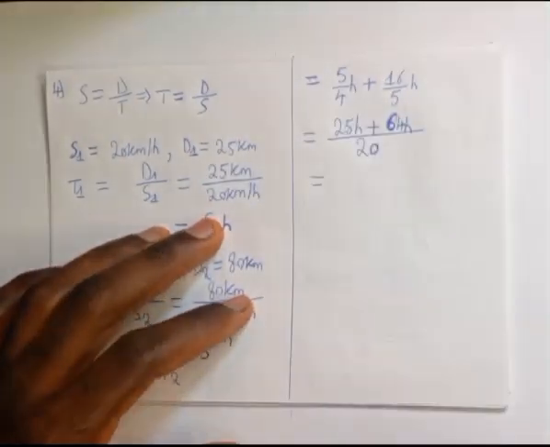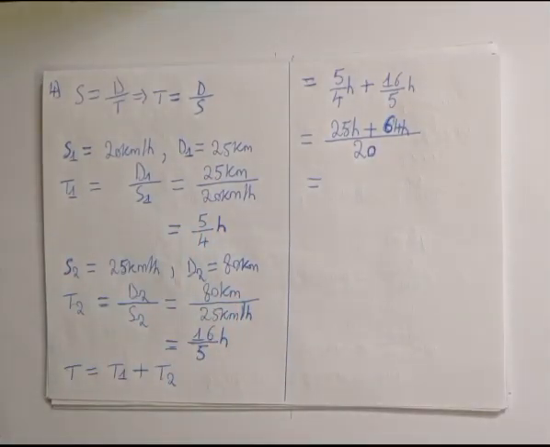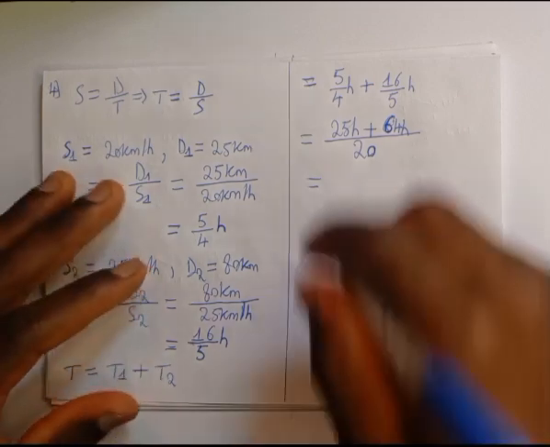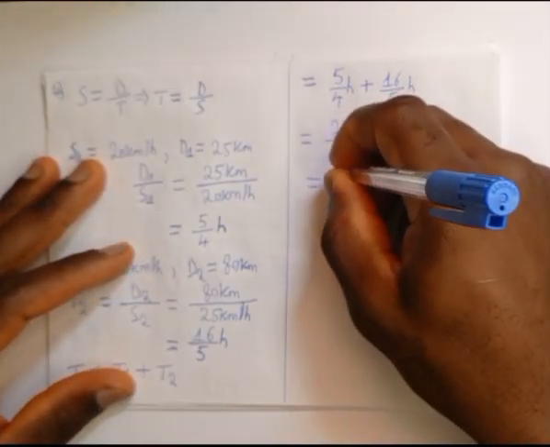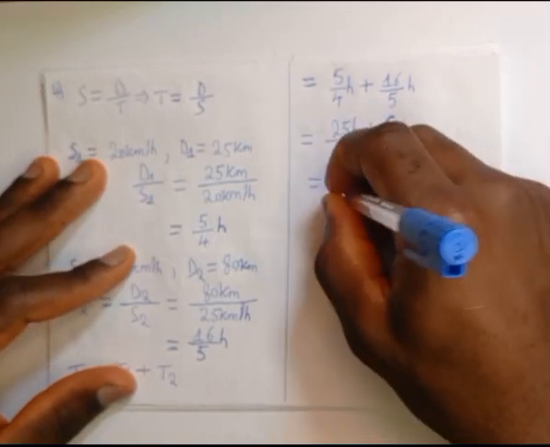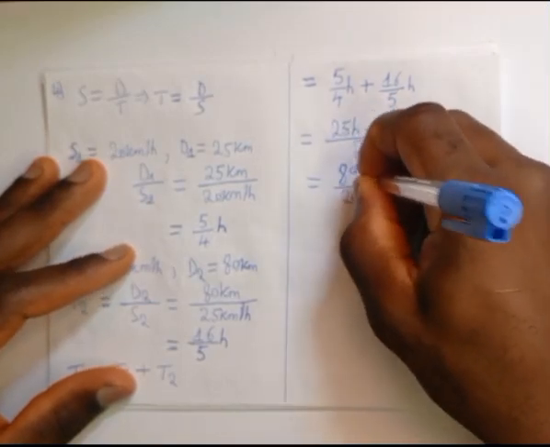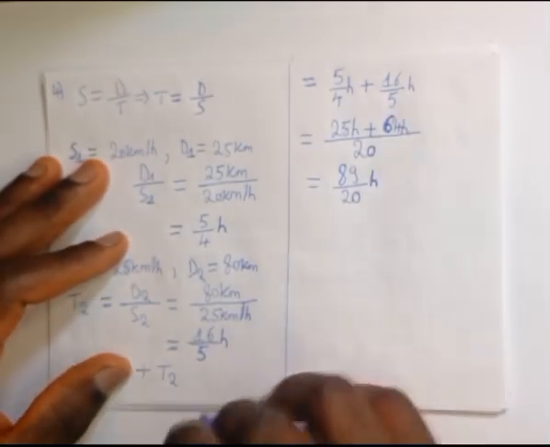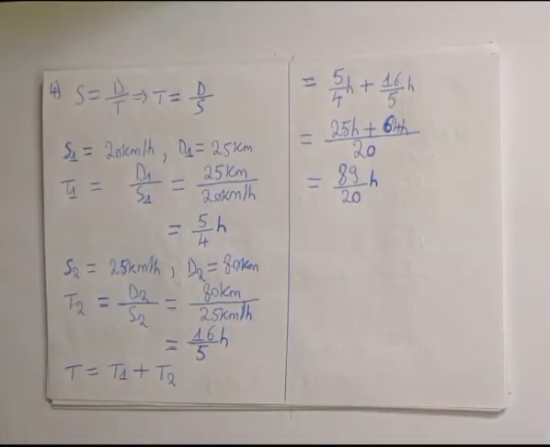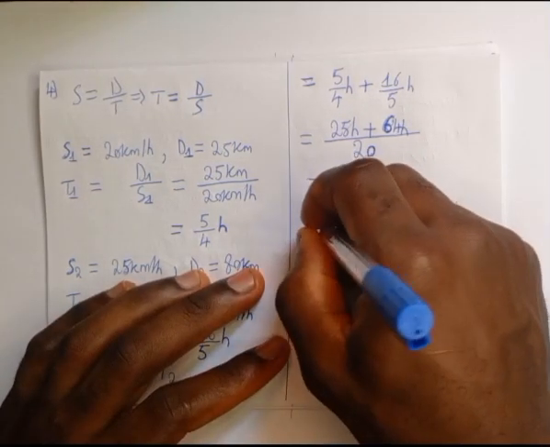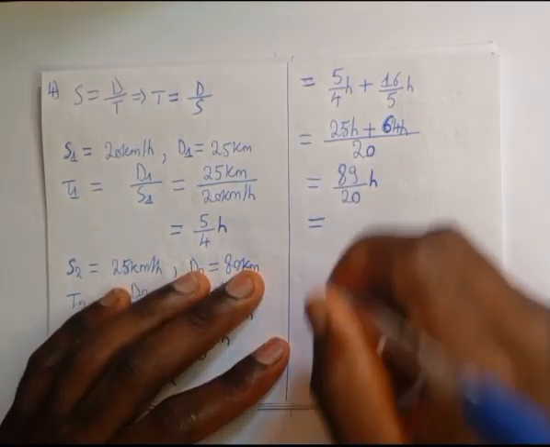This will simply be equal to 64 plus 25 gives us 89 all over 20 hours. This is the time taken by the cyclist for the whole journey in hours, of which we can decide to express this as a mixed fraction.